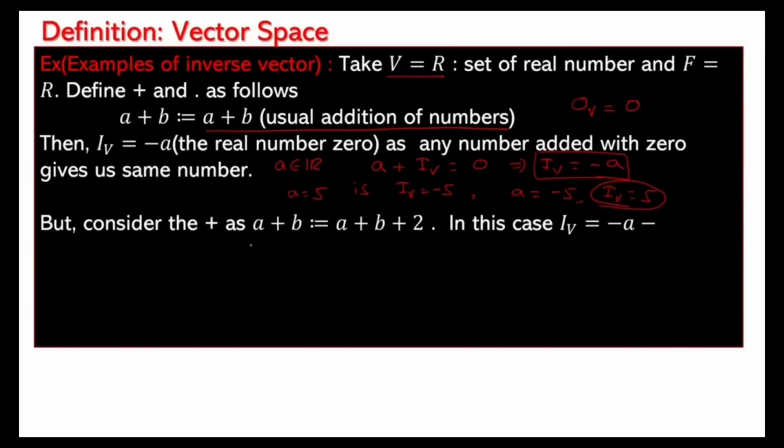But if you take this other set, where we saw that minus 2 is the 0 element, what will you get here? A plus iv should be minus 2.